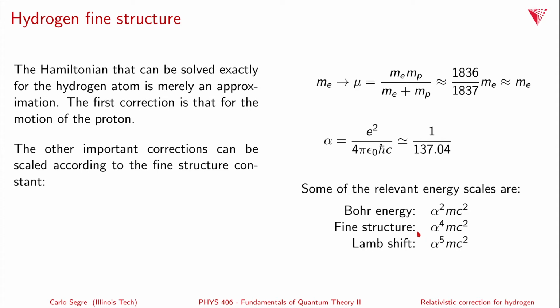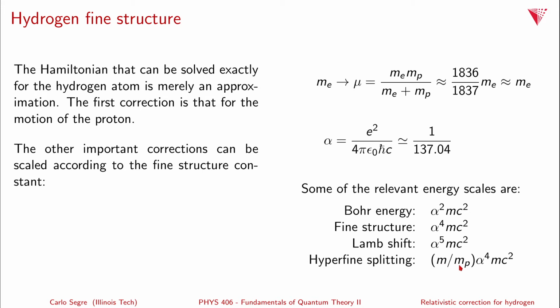We then have the Lamb shift, which goes like alpha to the 5th times mc squared. And then the hyperfine correction, which goes like alpha to the 4th times mc squared, but there's an additional term that's approximately the mass of the electron divided by the mass of the proton, which is about another factor of 2,000.